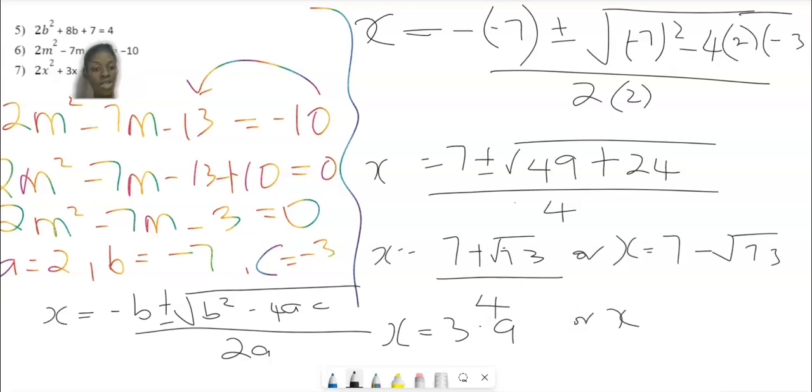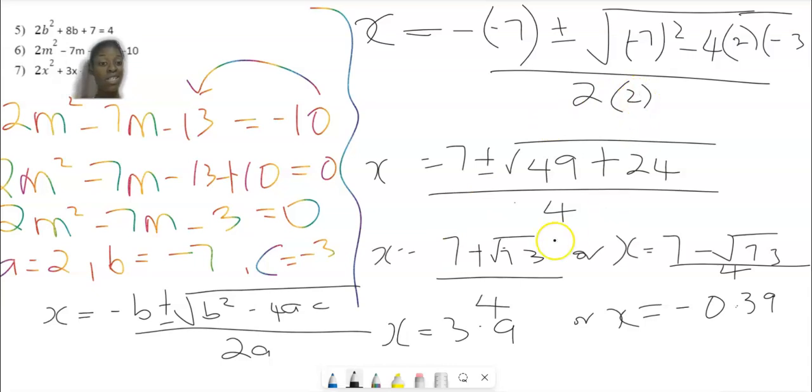Or x equal, in your calculator, put 7 minus root 73, press the equal sign, divide by 4, and I got negative 0.39, and that's the answer rounded to 2 decimal places.